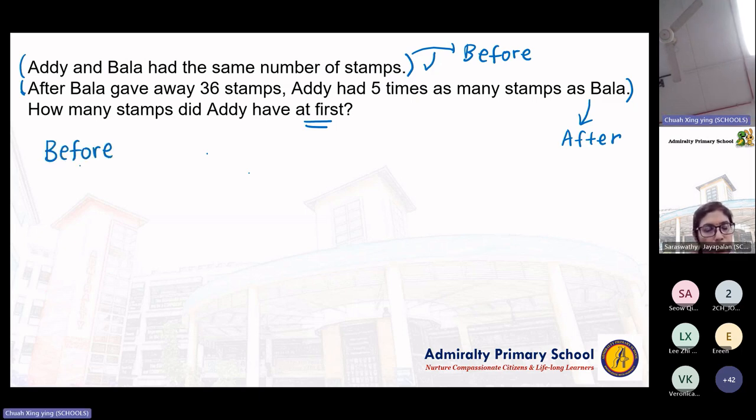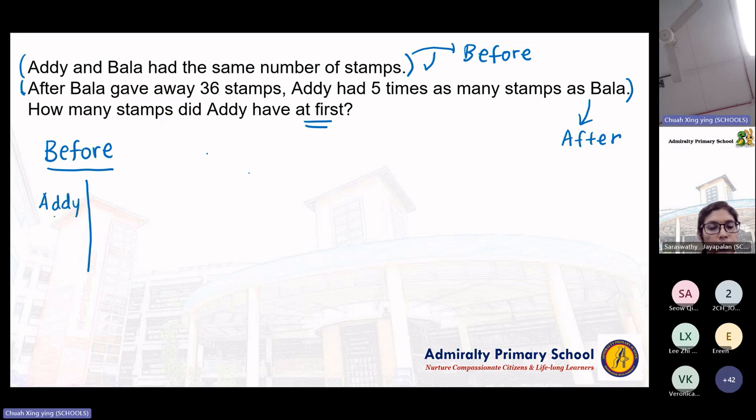Okay, so for a before and after model, usually we arrange them in a way whereby it is easier for the children to see the difference straight away. This is definitely a comparison model, comparing between Eddie and Bala. Yeah, I already saw that some parents already solved that. Good job to you.